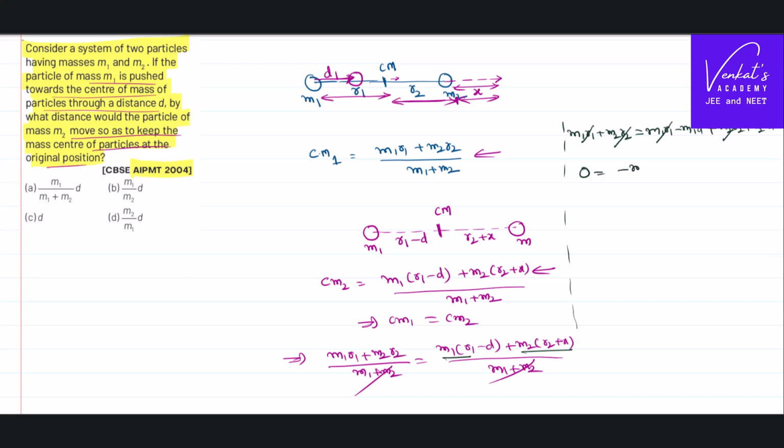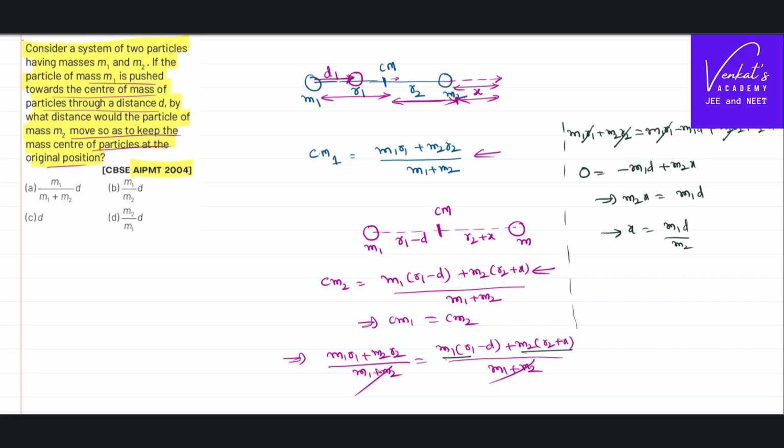So 0 equals minus m1 d plus m2 x. That implies m2 x equals m1 d, so x equals m1 d by m2.